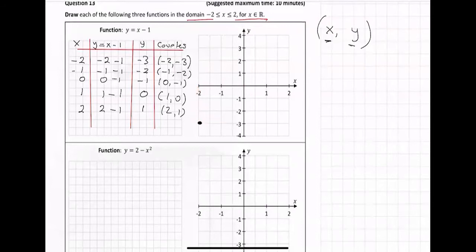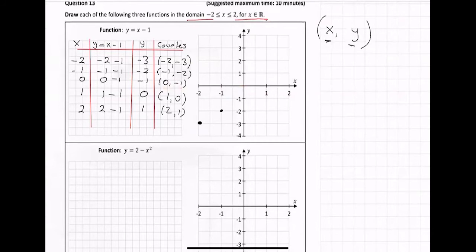So that dot there is the location -2, comma, -3. The next one, -1, -2. So I'm going to come across to -1 and down to -2. And this bit I'm doing with the laser, you don't have that on your graph, you just have the dots. So that's -1, -2.